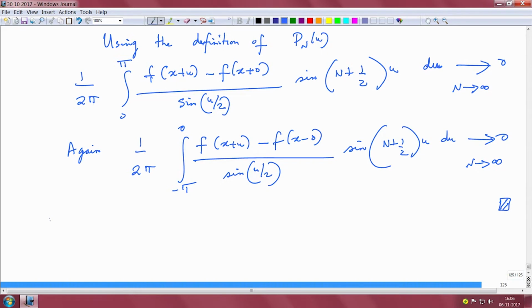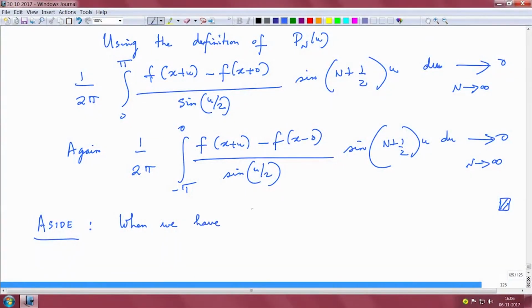Now one of the key questions that would be bogging your mind is, what is the measure on the set of all such discontinuities?